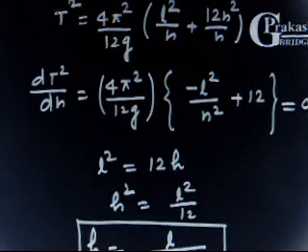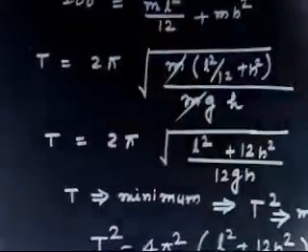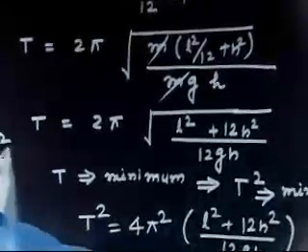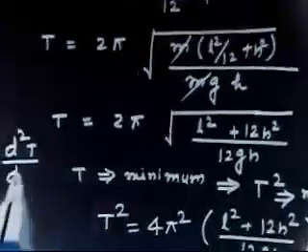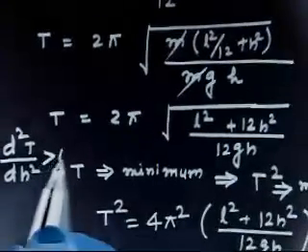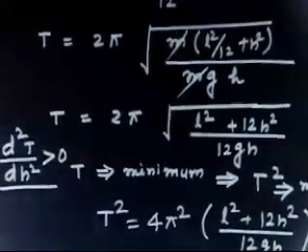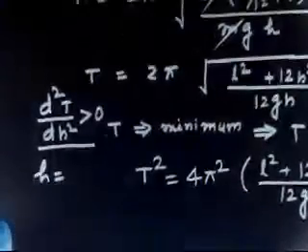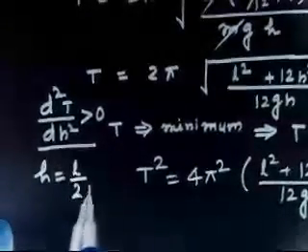So you have the time period expression for this. So what you can do is you can prove yourself d2t by dh square. For this to be minimum, this has to be greater than 0 when h is equals to the result that we have, that is L by 2 root 3. So this should be greater than 0 when h is equals to L by 2 root 3.